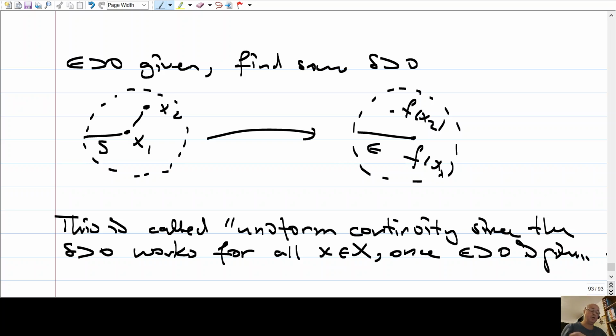So you give an epsilon, I find a delta, and this works for all x. But in case of continuity, for each x, you may have to find a different delta. Okay.